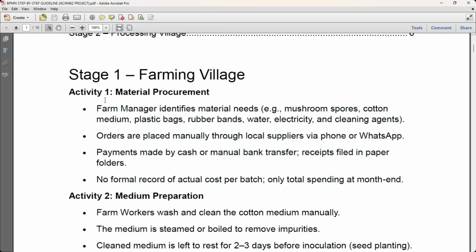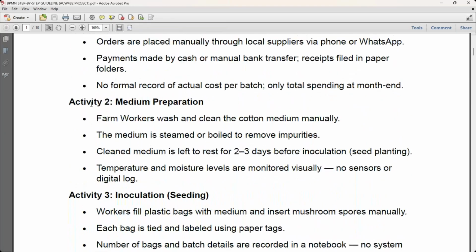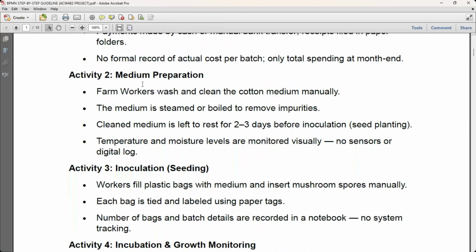That means they are going to buy the needs to farm this mushroom. Then we go to the second stage, medium preparation. Because it's mushroom, you need to prepare the medium to let the mushroom grow, right?